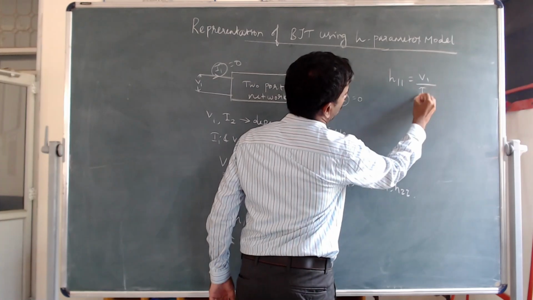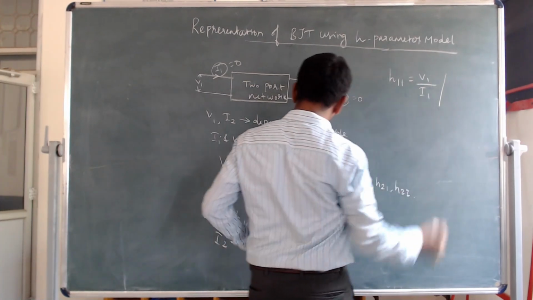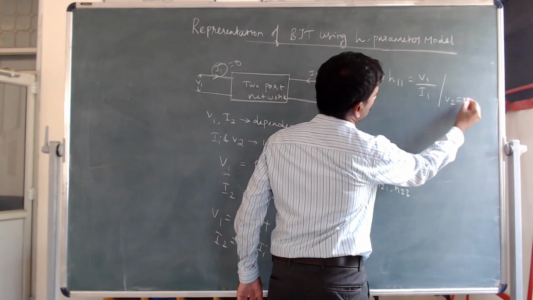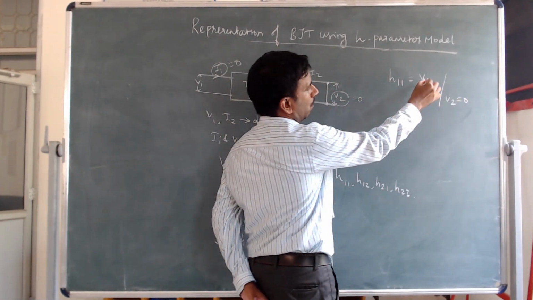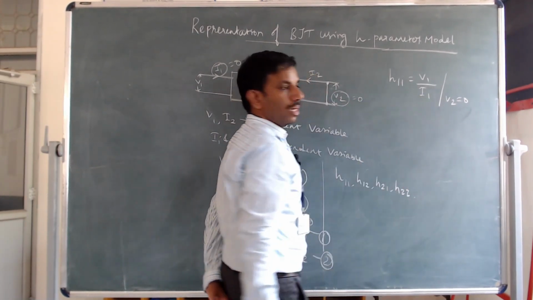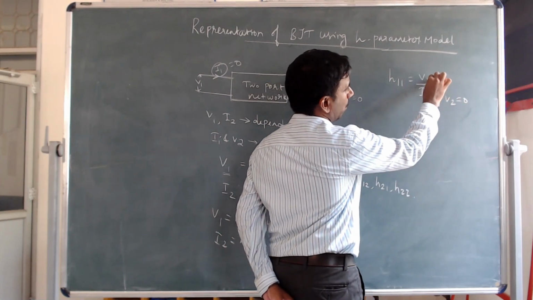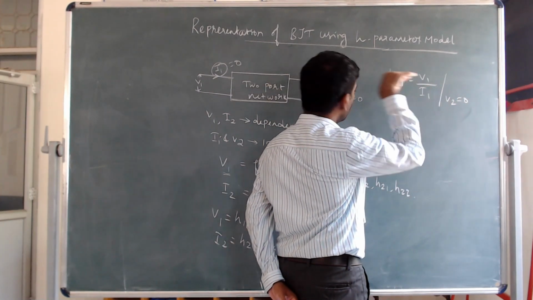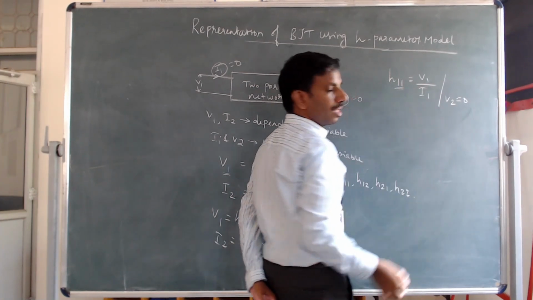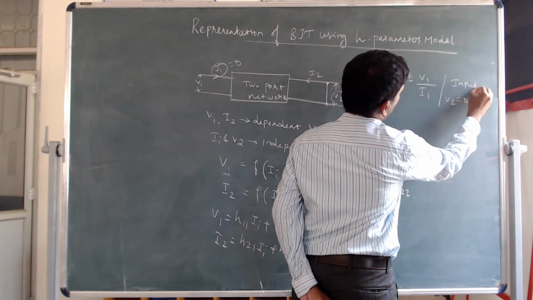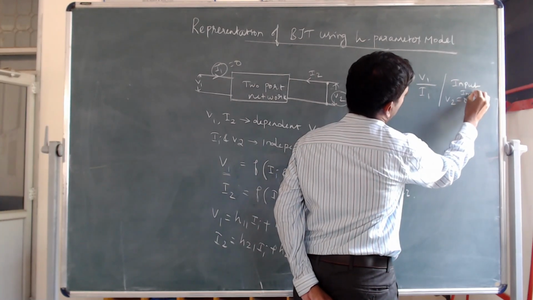With V2 equal to 0, we get the voltage to current ratio, which is nothing but impedance. Since this is the input port, H11 is nothing but the input impedance.